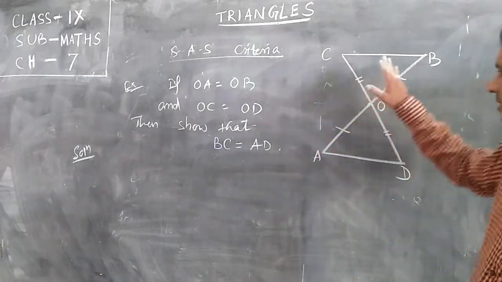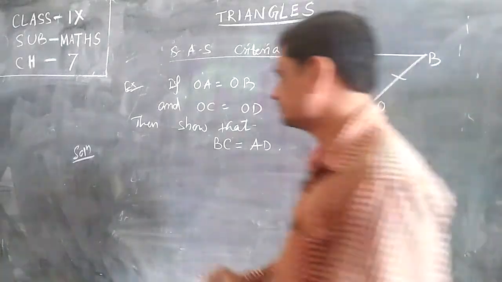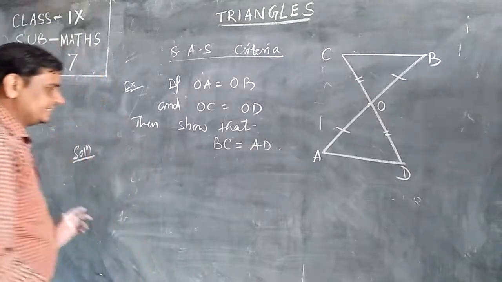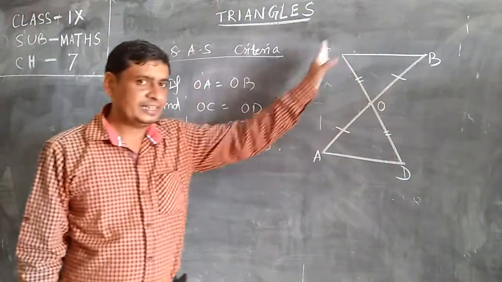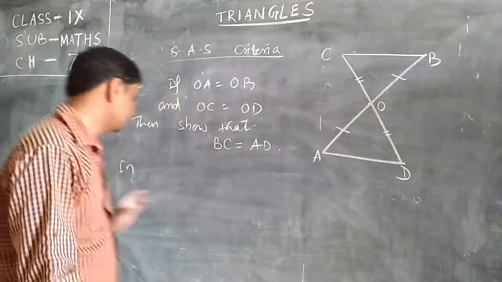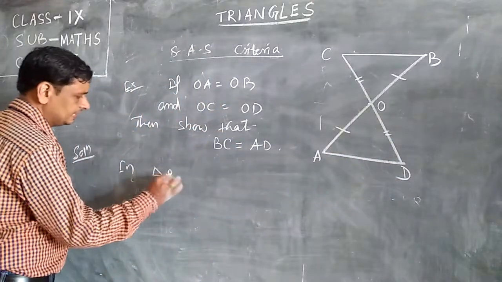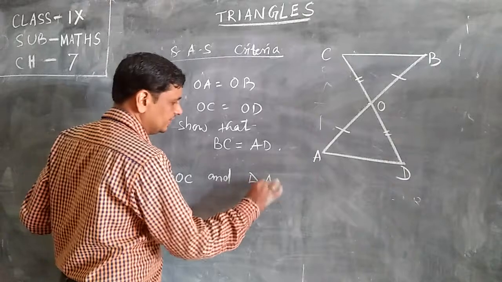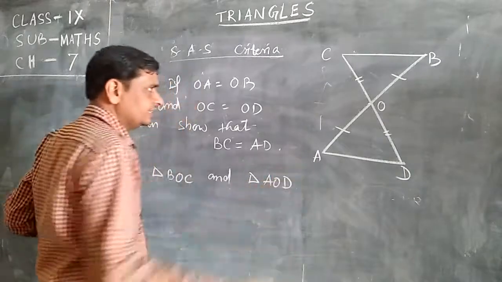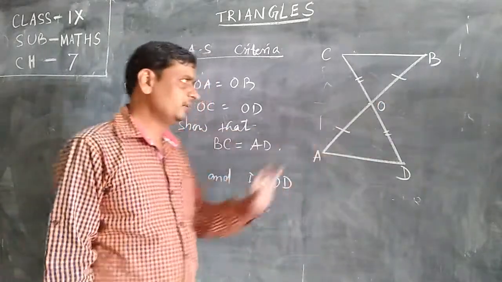So how to make both the triangles congruent here? Two triangles are there, triangle BOC and triangle AOD.